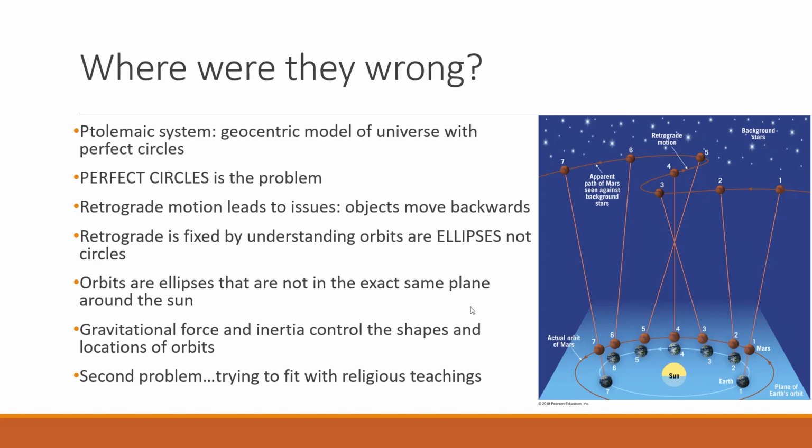The second problem that was a major issue with many of these early theories, or not theories, even early hypotheses, is that in many cases they were trying to fit with various religious teachings, and that's never going to work out right. So, there were some very odd things that were proposed in order to explain things in the religious sense.